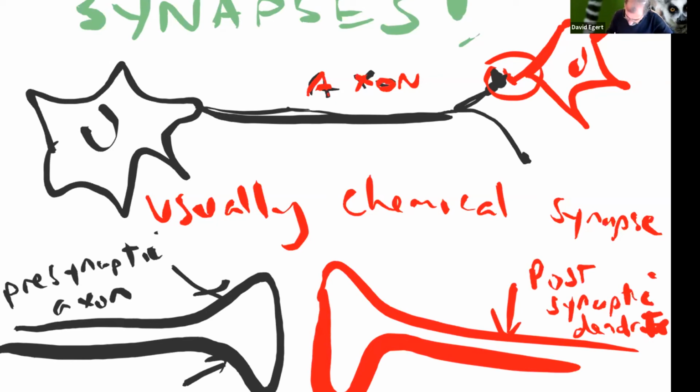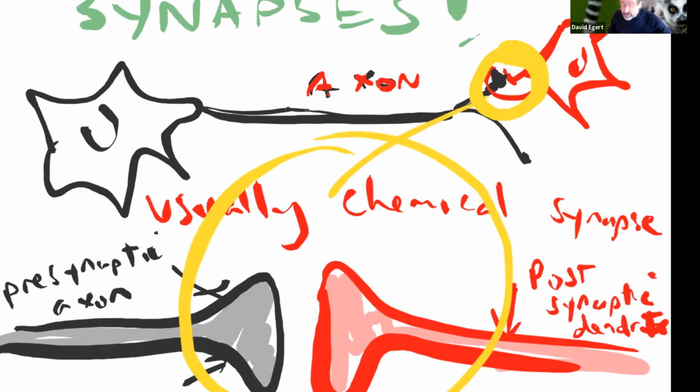I'm looking right here at the place where one neuron is talking to the next neuron, and they don't actually touch. There's a little gap in between. So this we call the synaptic cleft.